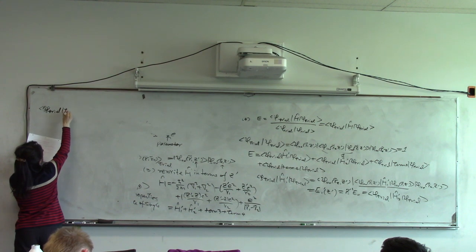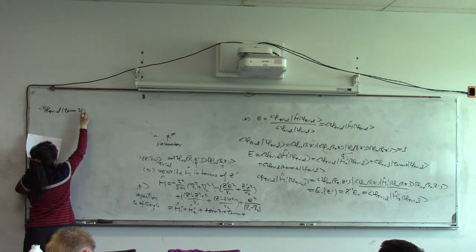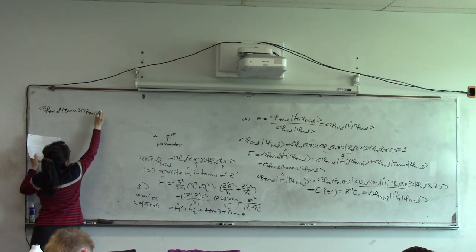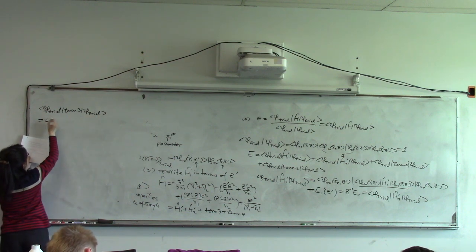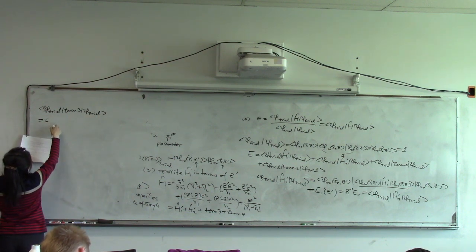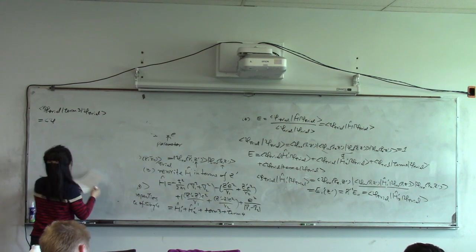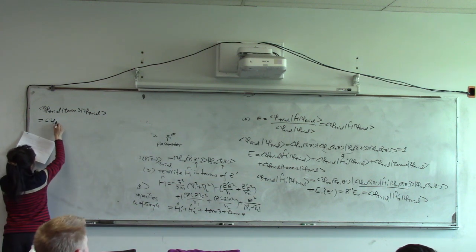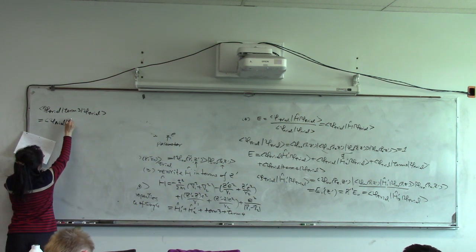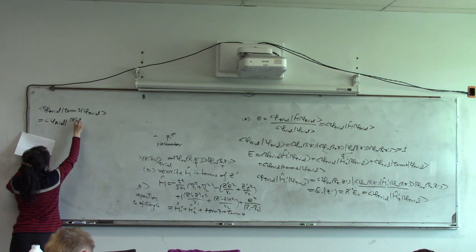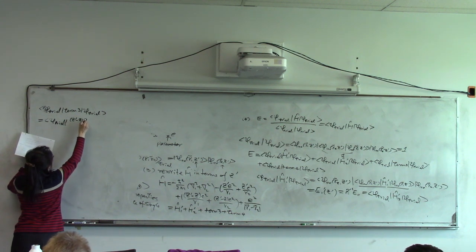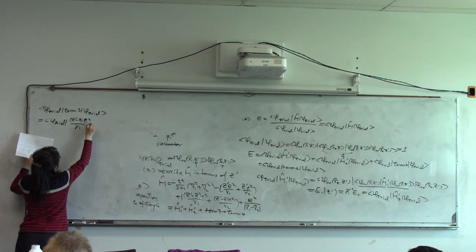Term 3 is equal to, let me first write down, the ψ function with (Z' minus Z)e² over r1, right?